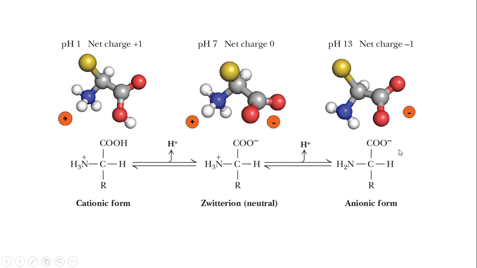If we go in the other direction, if we get up into a higher pH where the pK for the amino group is, then we are going to deprotonate that nitrogen, and now we have no charge on the nitrogen and we have a negative charge on our carboxyl group. Thus, the net charge here is -1. I'll repeat this again at some point, but the pKa for the ionizable hydrogen here is 2.2. The pKa for the ionizable hydrogen on this amino group is 9.4.